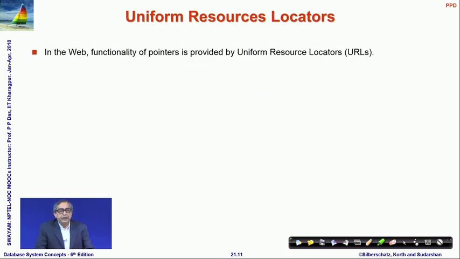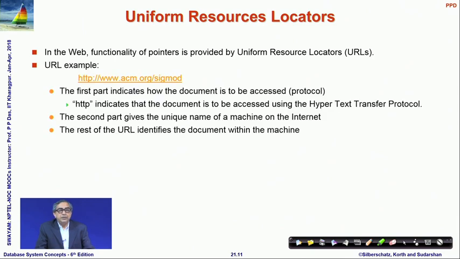Naturally, when we operate on the web, we need the functionality of pointing to different resources, and this is done by what is known as a URL, or Uniform Resource Locator. A URL is a procedure through which you can identify and point to a specific location of content. Here I am showing an example of such a URL.